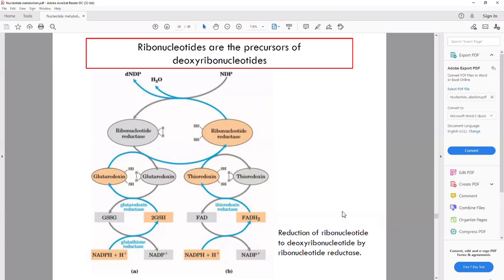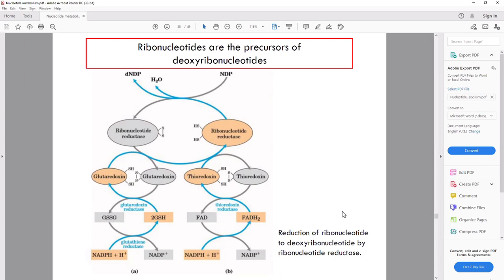Okay, so now let's proceed with the ribonucleotide. Ribonucleotides are the precursors of deoxyribonucleotides. We know that we have RNA and DNA.